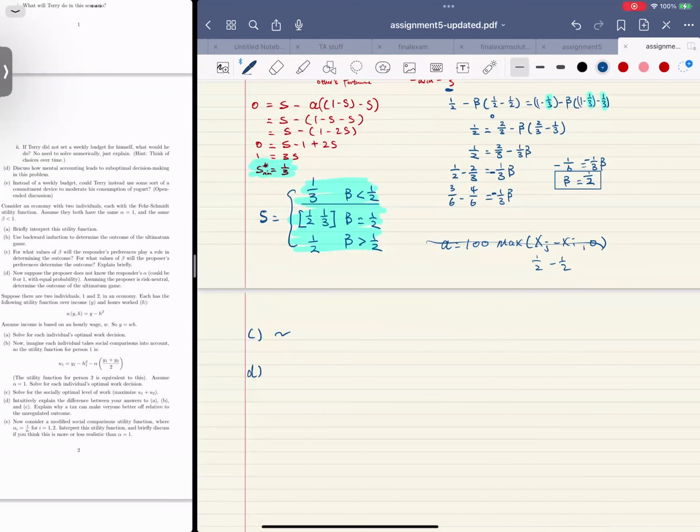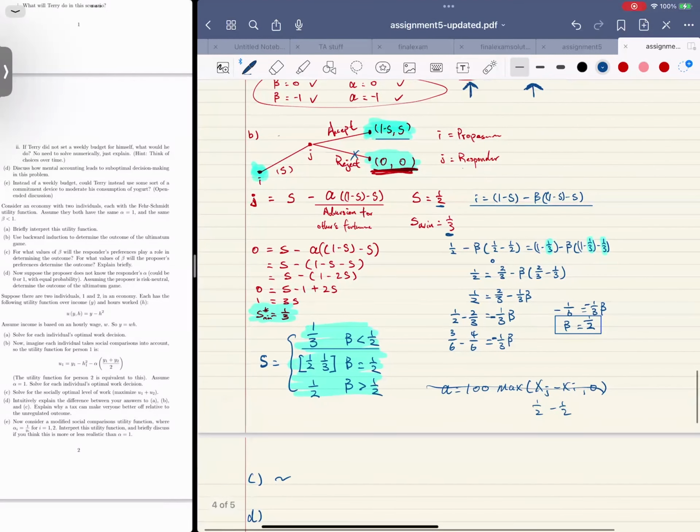So now the proposer does not know the responder's alpha. Previously we knew the responder's alpha, now we do not. It's either 0 or 1 with equal probability. So now we can draw another decision tree, just for fun.